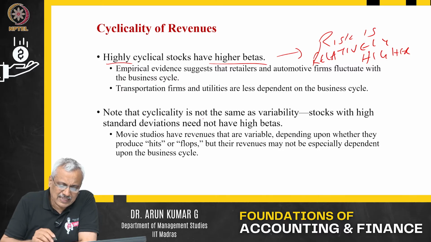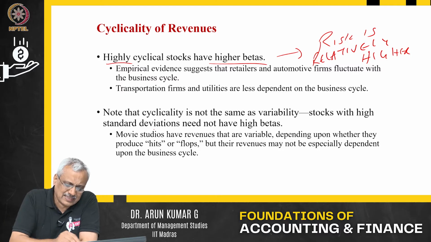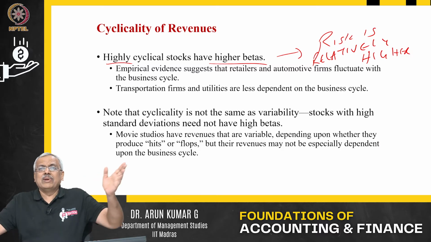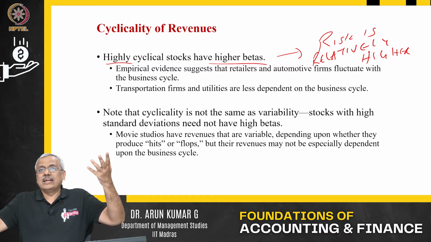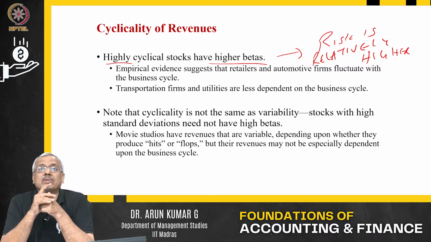Non-cyclical is not the same as variability, that is, stocks with high standard deviations need not have higher betas. It can have a high standard deviation, that is, the variability can be high, but beta need not be very high. Risk may not be very high, but variability can be high.